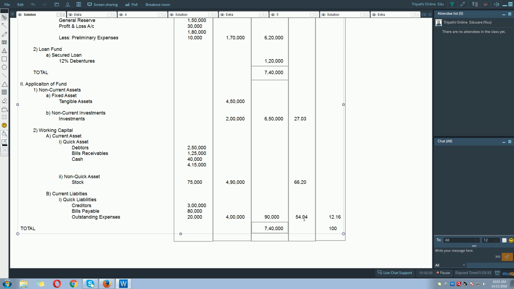And 4 lakh as 54.04%. And then 4,90,000, 66.20.